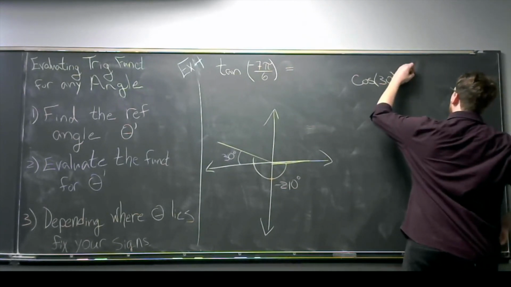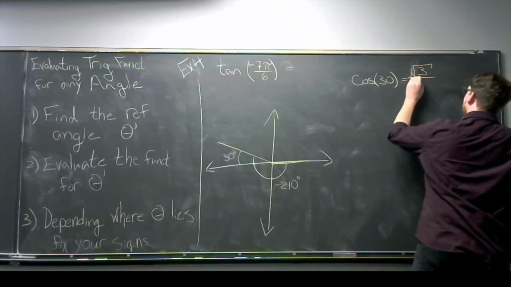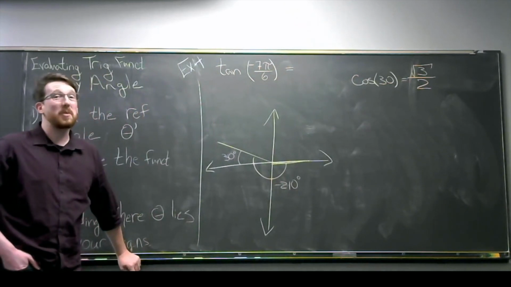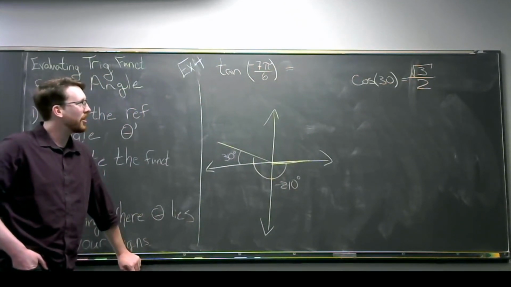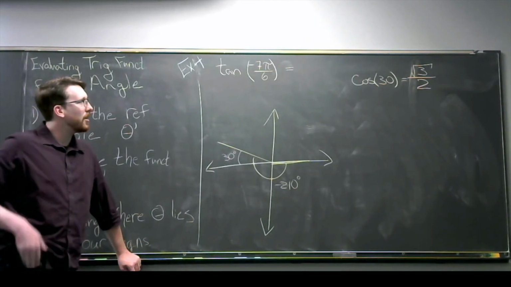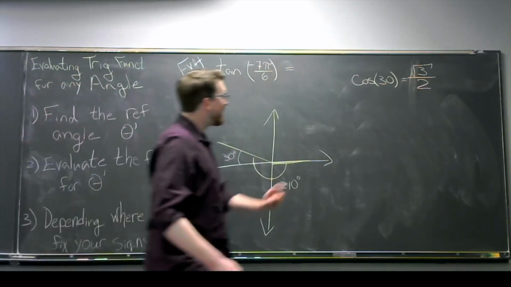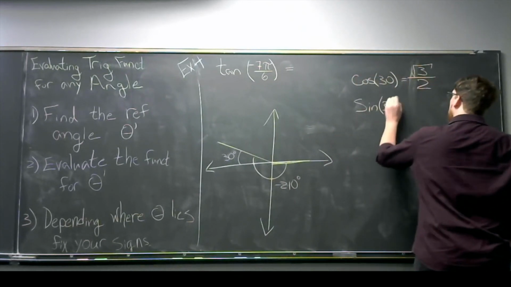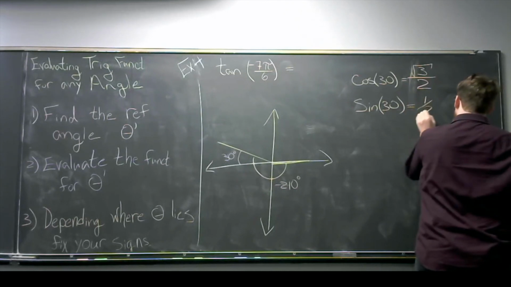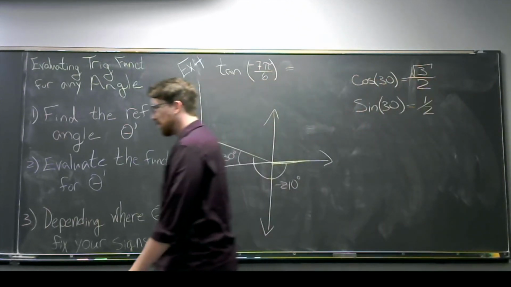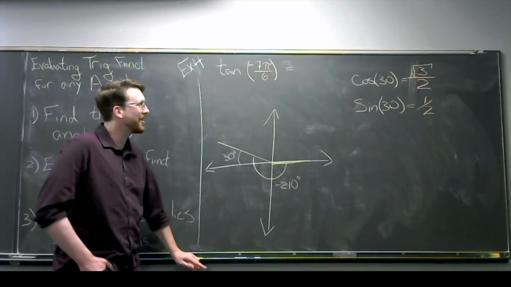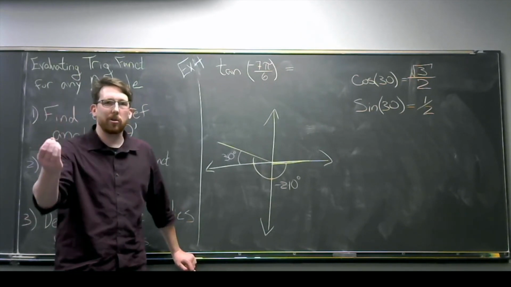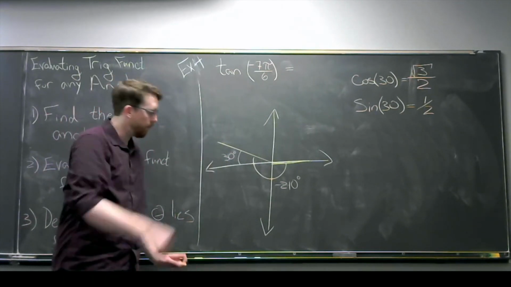Sorry about that. I totally just had a brain fart. Square root of 3 over 2. I also know, though, that sine of 30 degrees is equal to 1/2. And I know this, again, because I have the unit circle memorized. I can just throw these numbers down now.